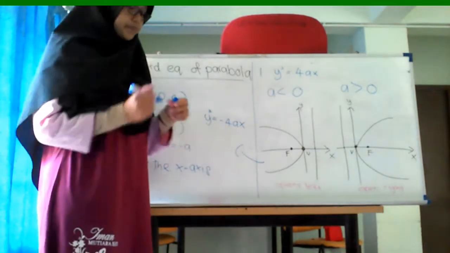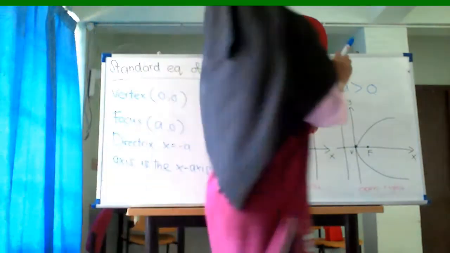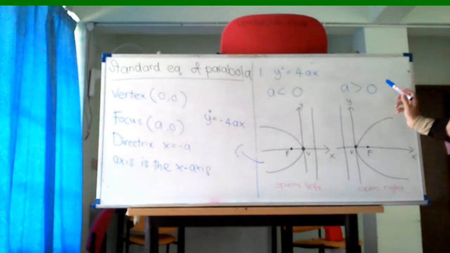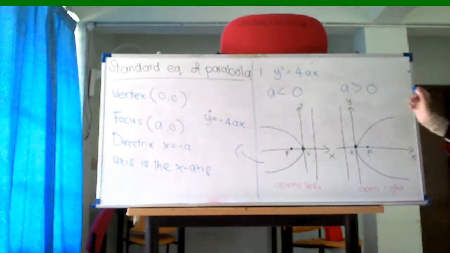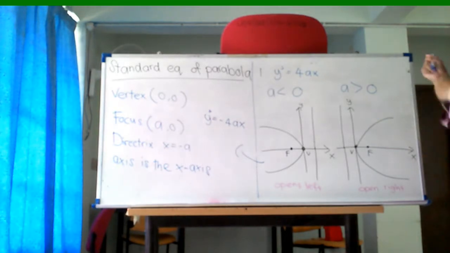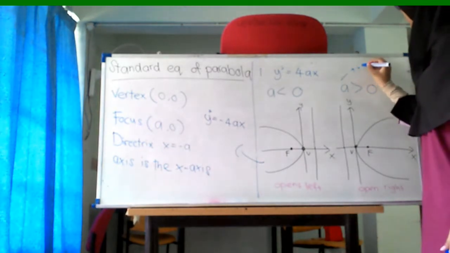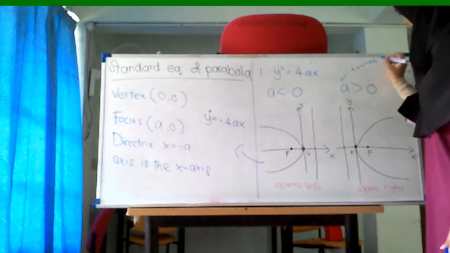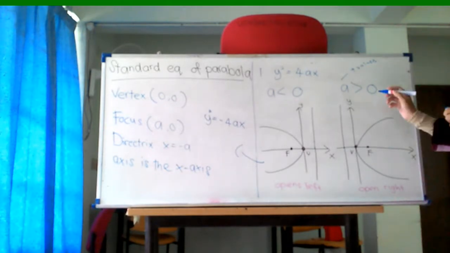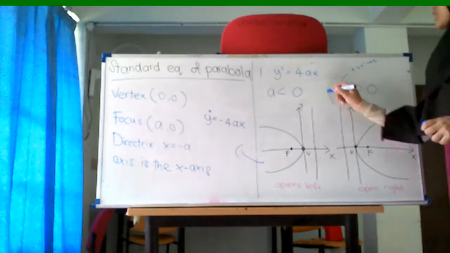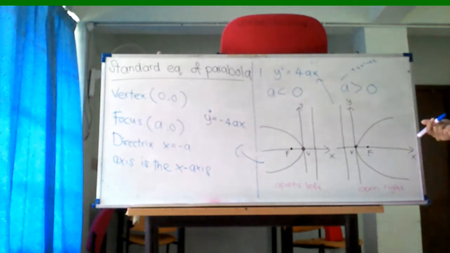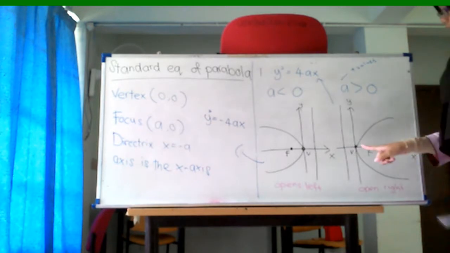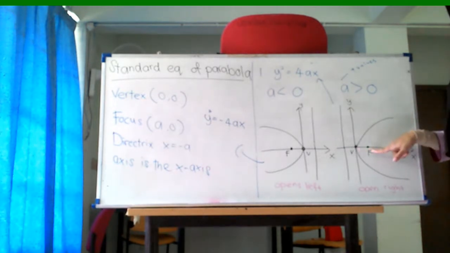If a is greater than 0, we will see that the parabola opens to the right, which means a is a positive value, and its equation is y squared equal to 4ax, since the vertex is 0, 0 and the focus is A, 0.